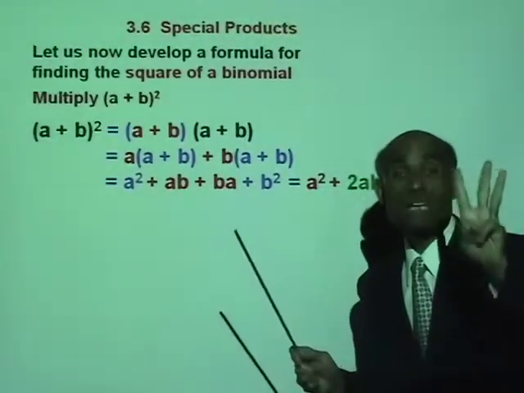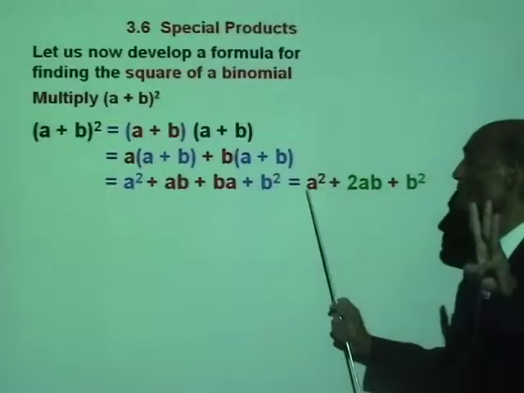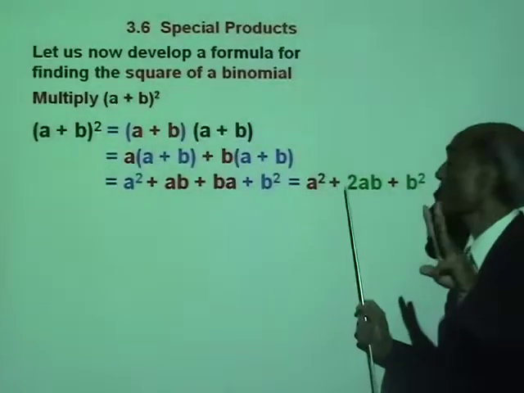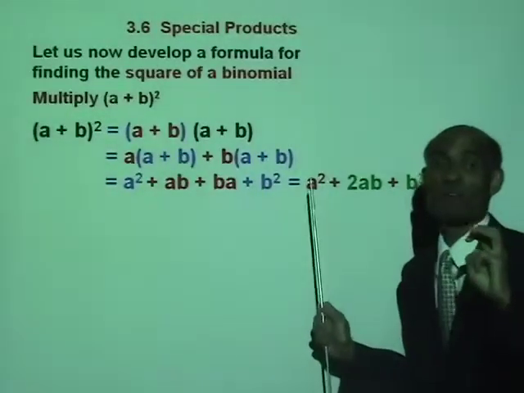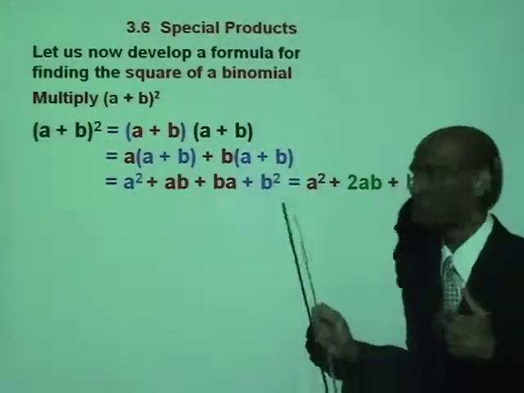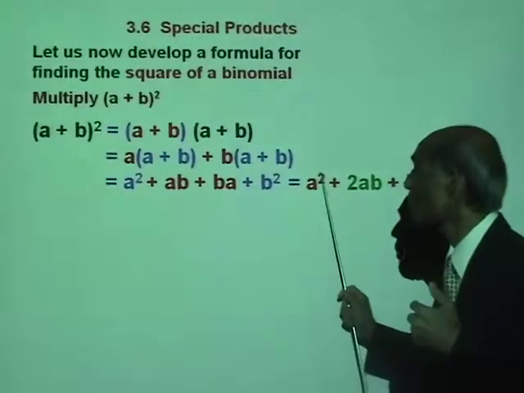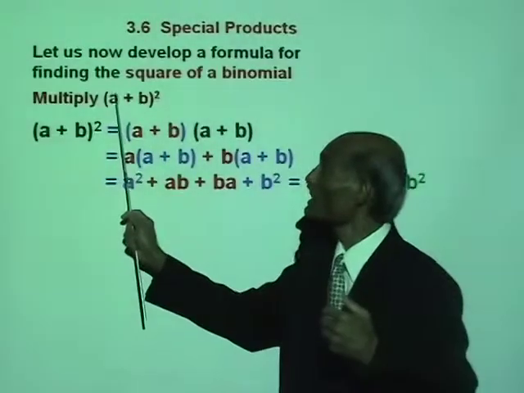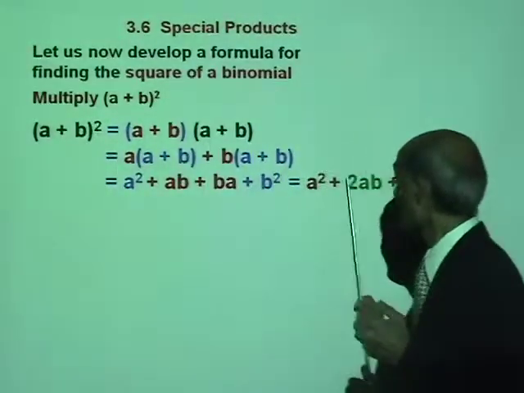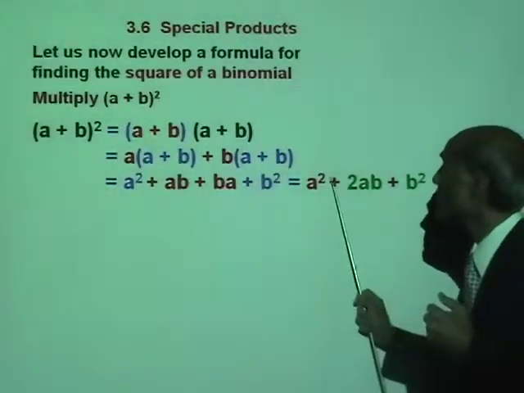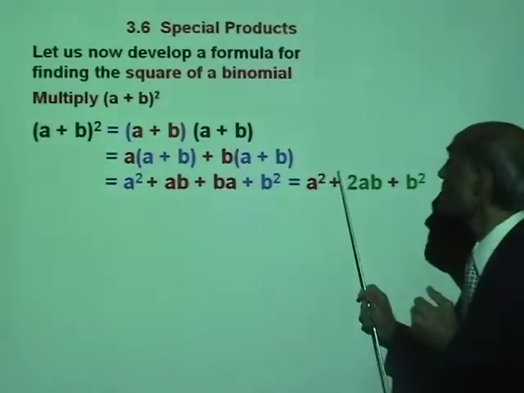It produces 3 terms. Look at the 3 terms. A squared plus 2ab plus b squared. Now let's analyze these 3 terms. A squared is the square of the first term. Now look at the middle term, plus 2ab.